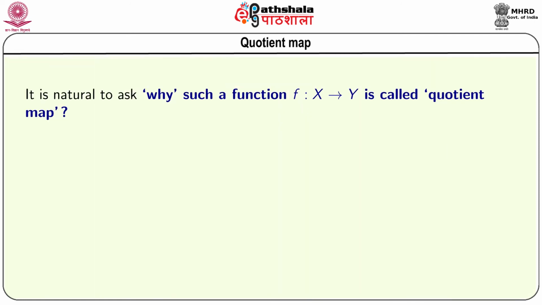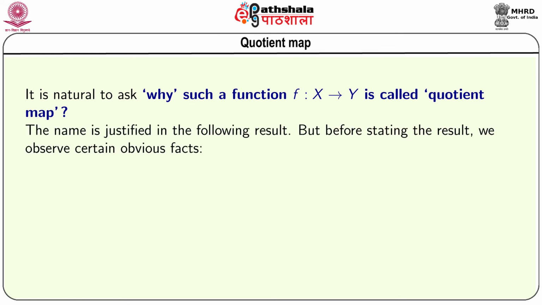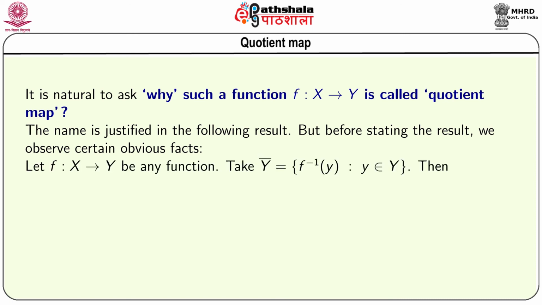It is natural to ask why such a function f is called a quotient map. The name is justified in the following result. But before stating the result, we observe certain obvious facts. Let f from X to Y be any function.